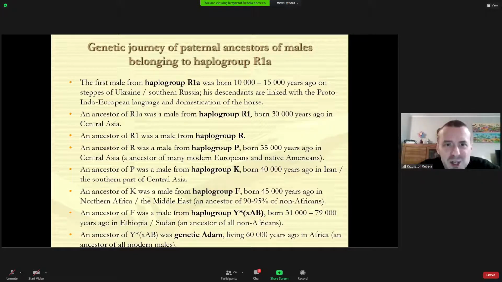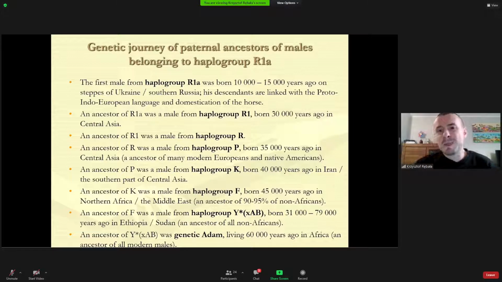And here is the shortened genetic journey of paternal ancestors of males belonging to haplogroup R1a. The first male from haplogroup R1a was, according to molecular anthropological studies, born 10 to 15,000 years ago on the steppes of Ukraine or southern Russia, and his descendants are linked to the Indo-European language and domestication of the horse.